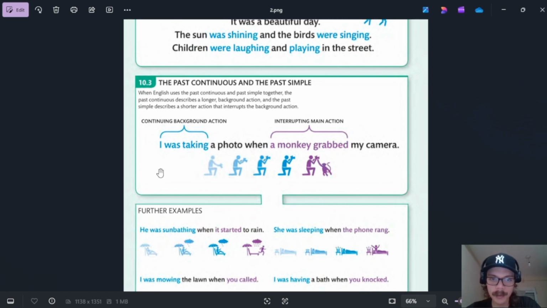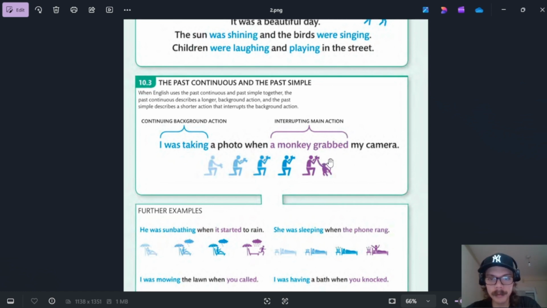Past continuous, as we've said, is very useful for describing. So in this case, you're going to use it to describe the context. So the situation that was happening. Okay. In this case, I was taking a photo. That's past continuous, and that's what was happening.